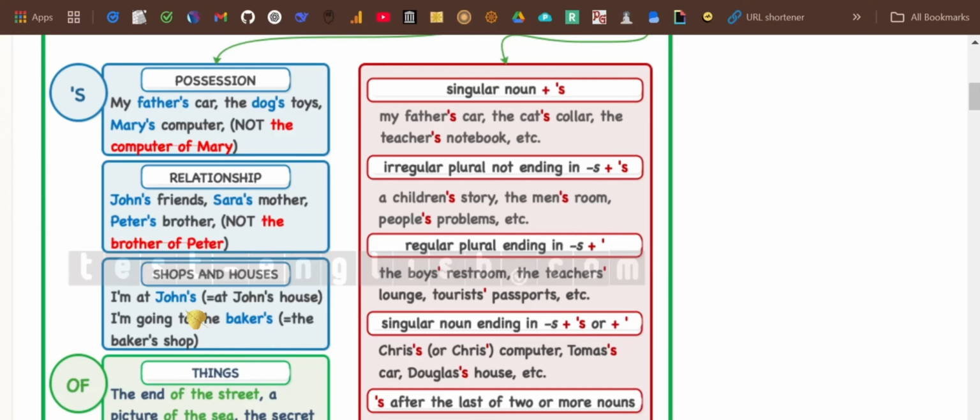Really? You never heard this? Without mentioning house, how can you know? But if I say I'm at John's, you understand that it's his house.